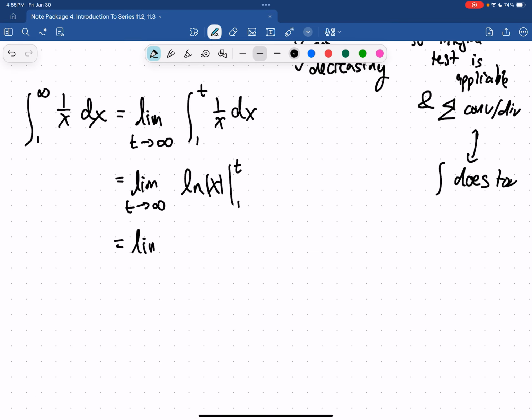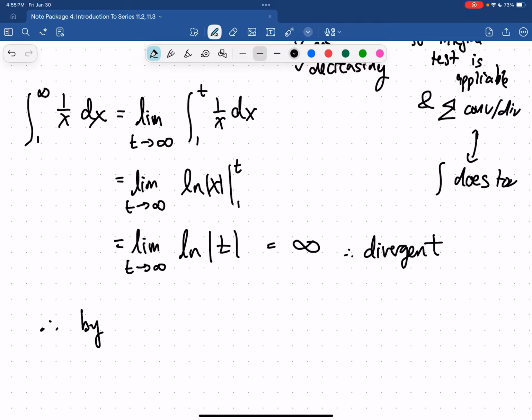And so then we have the limit as t goes to infinity of natural log, absolute value of t, minus natural log of 1, which is 0. So then this is infinity. And so this is a divergent improper integral. Therefore, by the integral test, we can also say that the sum from 1 to infinity of 1 over n diverges.